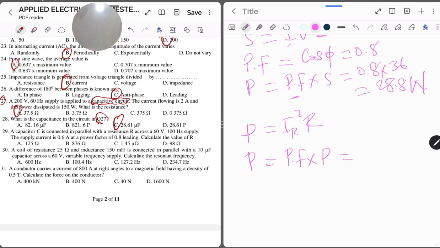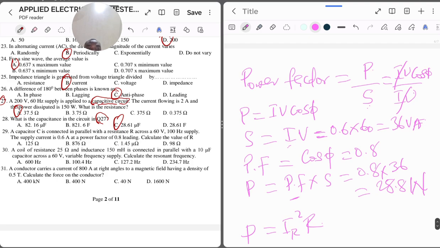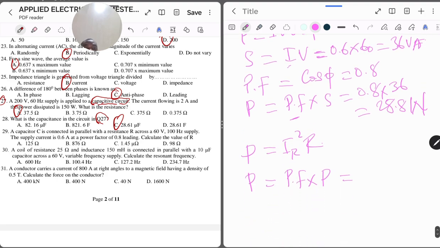And we know the power factor is also the same as cos of the phase angle, which I wrote here.